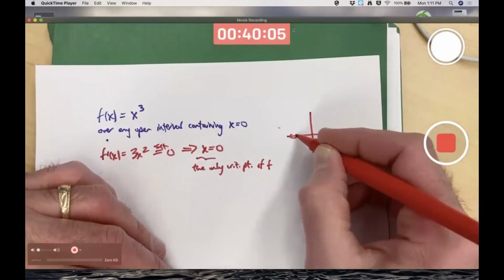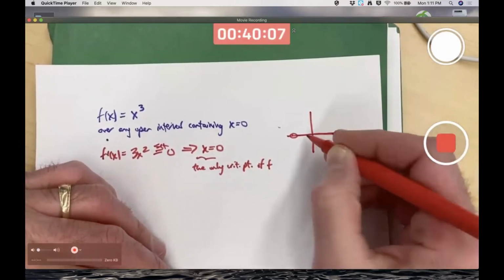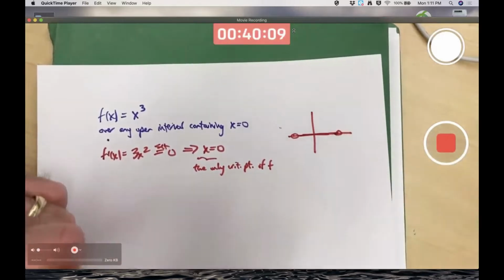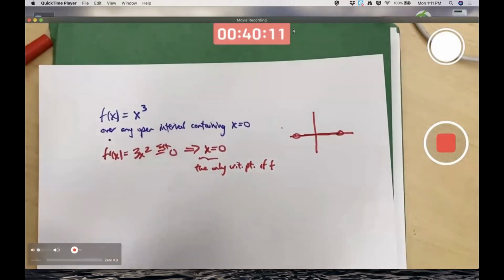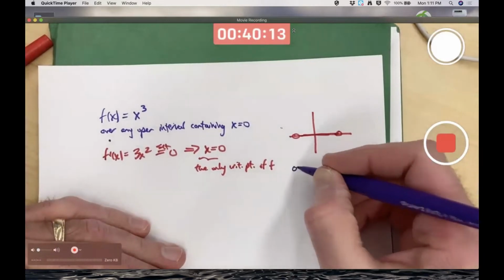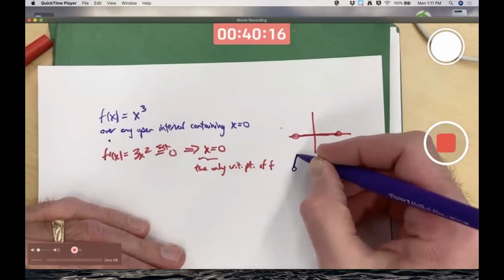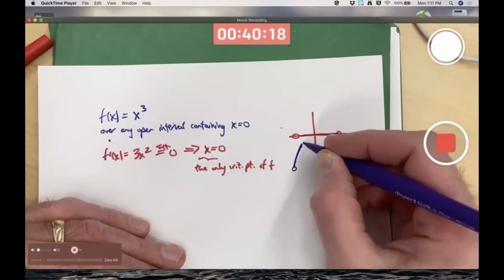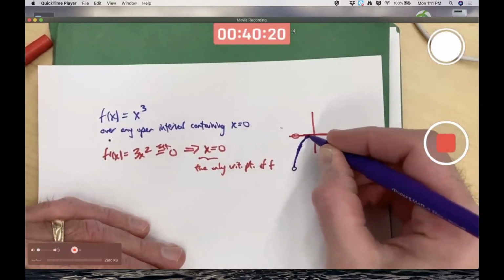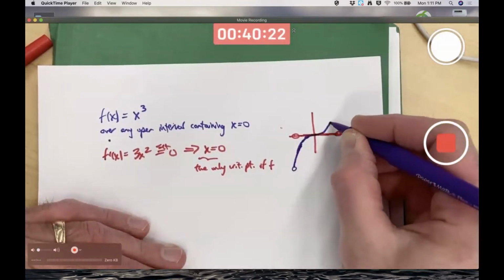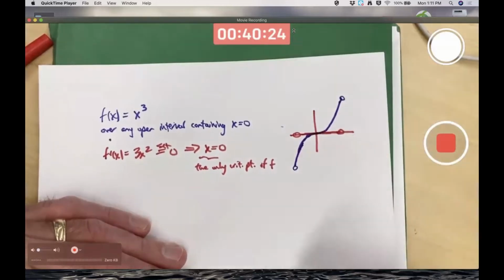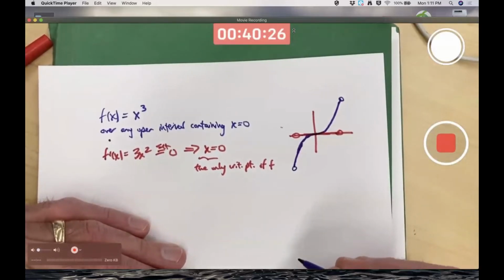Say your interval is this interval here. That's the domain that I'm thinking about. The graph of the function x cubed, I'm not including the endpoints here, looks about like this. The open circles are just emphasizing I'm not including the endpoints.